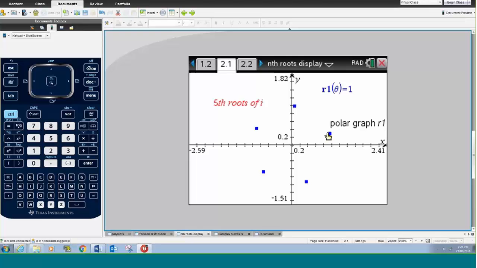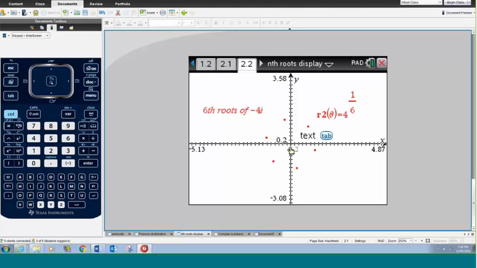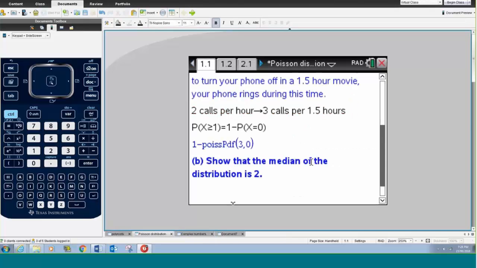So it's a good class activity to set, maybe a few groups, and each tries to find the fifth root or sixth root of a particular complex number using De Moivre's theorem and going through the calculations, and then they need the exact values to display those roots so they can be seen. Sometimes the radius will be different. That's how the nth roots of complex numbers can be displayed.